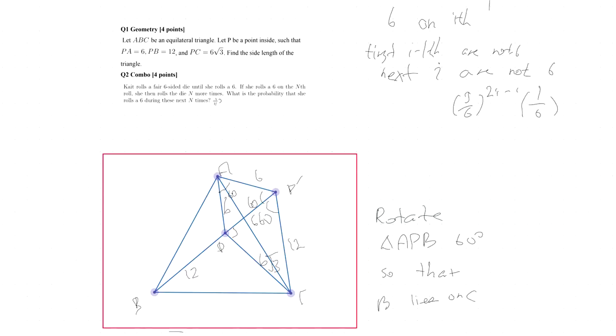So this is just a sum, sigma i equals 1 to infinity, of 5/6 to the 2i minus 1 times 1/6. And this sums to, if you use a geometric series, 5/11 actually. So if we sum this up, we get 5/11. And this is the chance that the next i will not contain a 6.